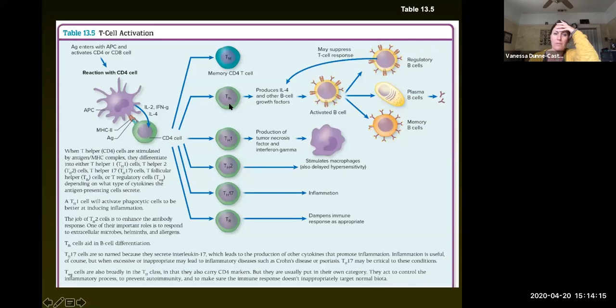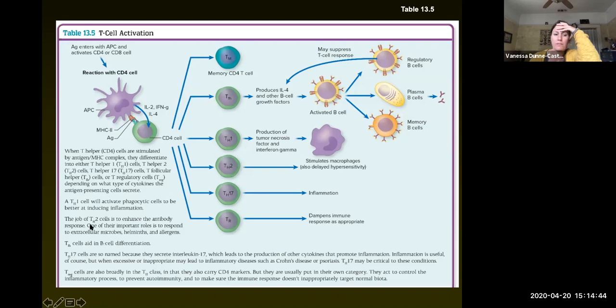There are T follicular helper cells that can activate B cells through different types of cytokines and physical interactions with B cells at the germinal center or the follicle, to create expanding B cells and a humoral immune response. So this is the production of plasma cells that can then produce antibodies. Here's Th1 versus Th2. Th1 activates macrophages and can also enhance the inflammatory response.